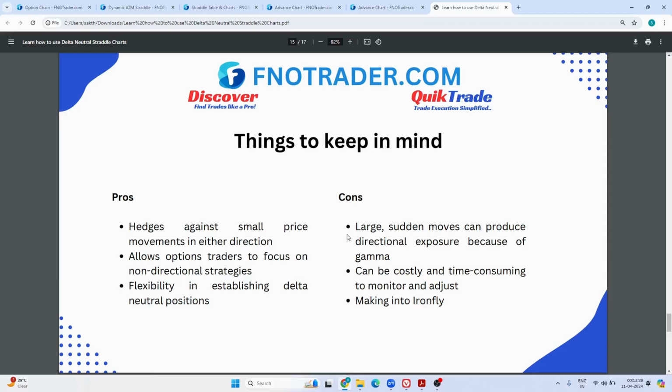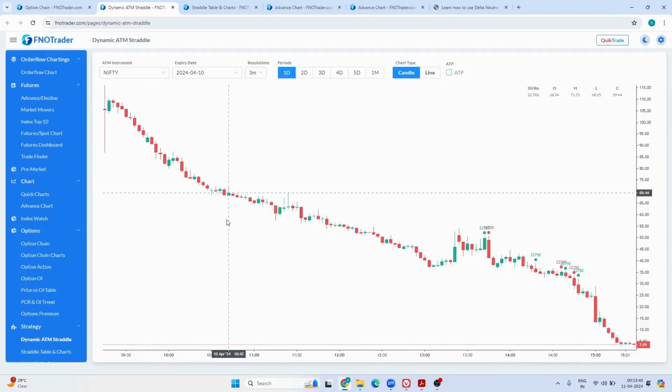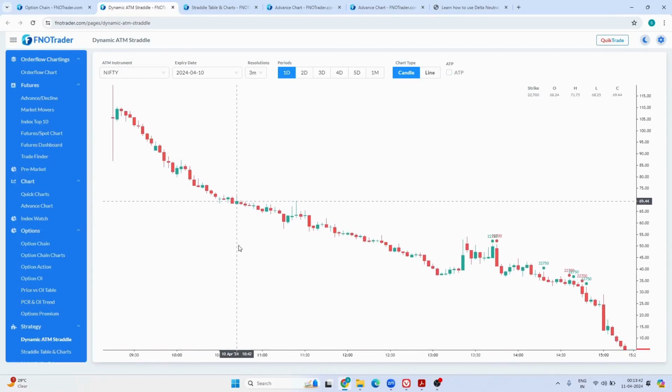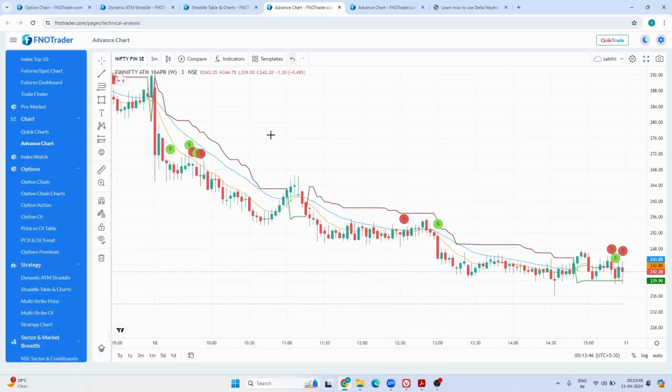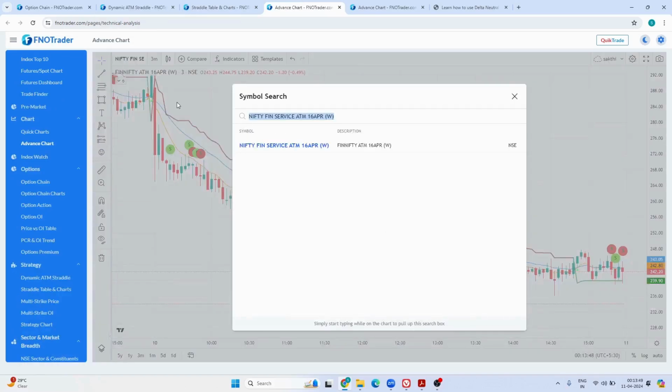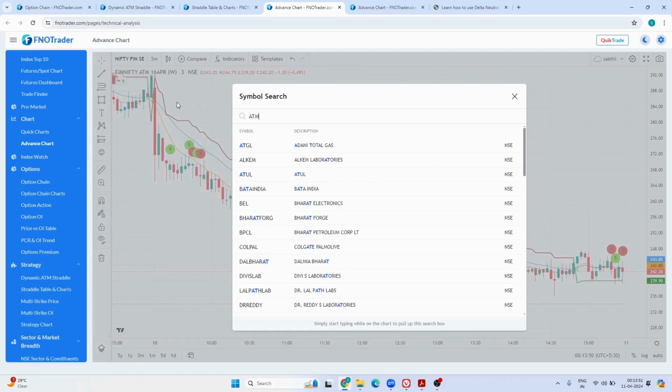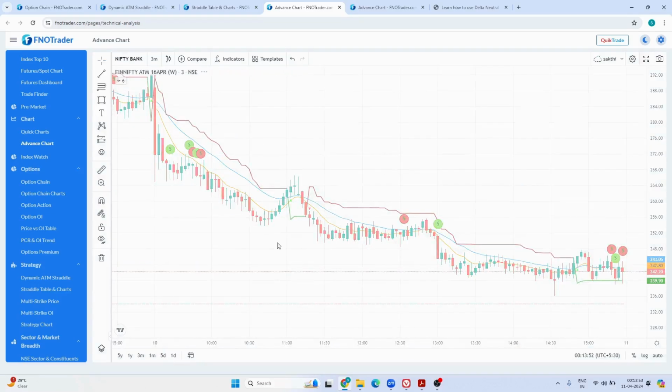So it helps you trade with considered timing, instead of blindly shorting at 9:20 or 10:30 or whatever time that you choose. You basically use these charts, know exactly what's happening in the market, and then trade those moves. For example, you can see I selected ATM Bank Nifty here.